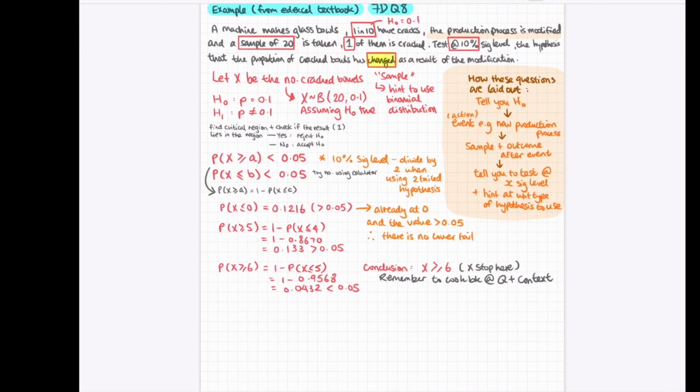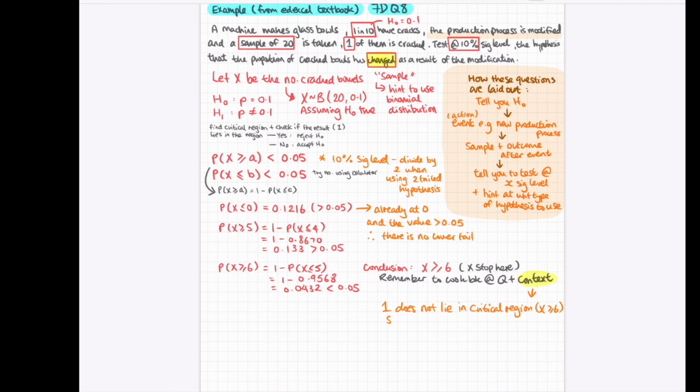So the conclusion is that we found 1. So 1 out of 20 is broken, and we found that the critical region is x bigger than or equal to 6. And 1 does not lie in the critical region, which is x is bigger than or equal to 6.